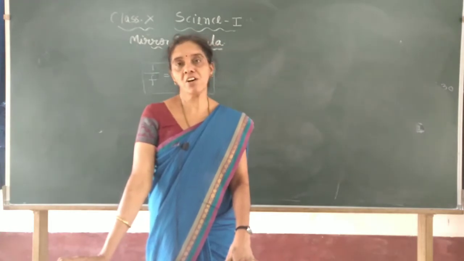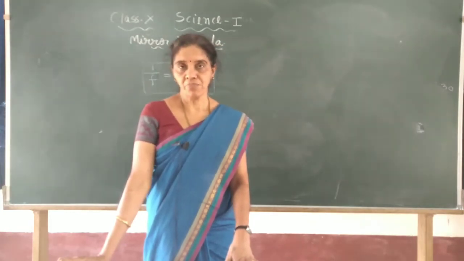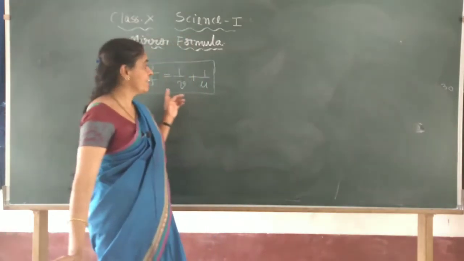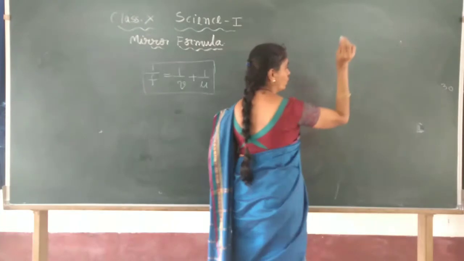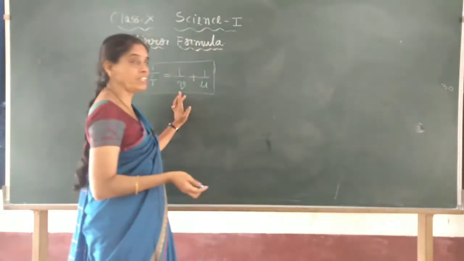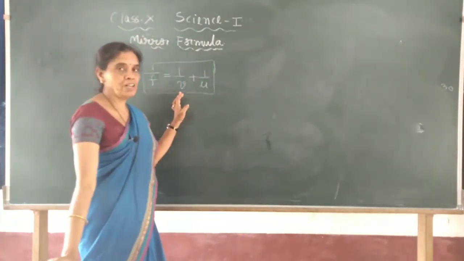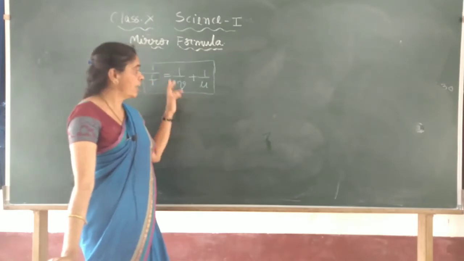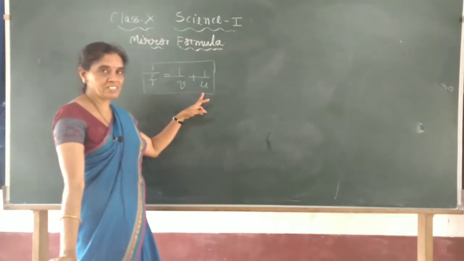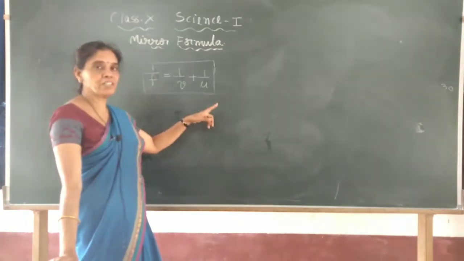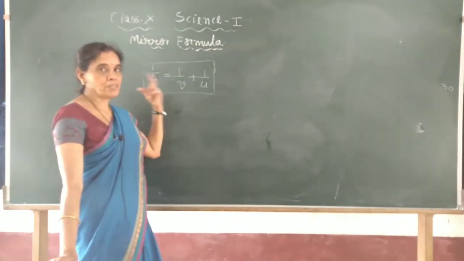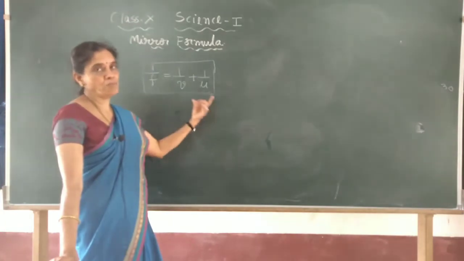It is especially for spherical mirrors, where f indicates the focal length. F is nothing but the focal length. V indicates the image distance, and u indicates the object distance. Thus, it indicates the relationship between the focal length, the image distance, and the object distance.